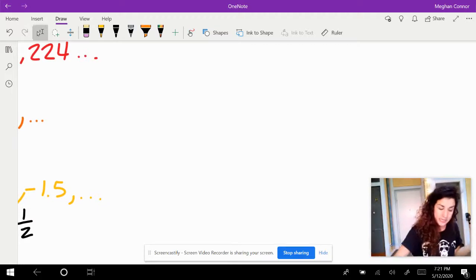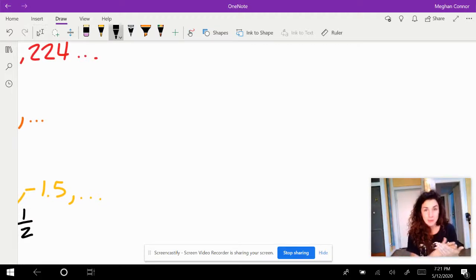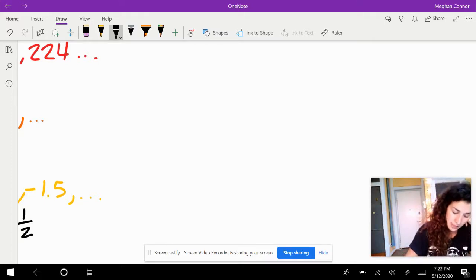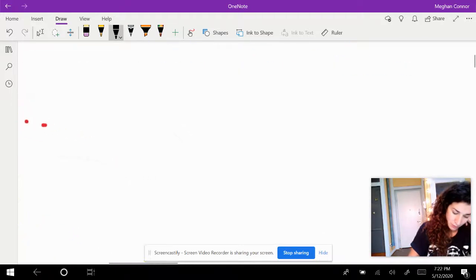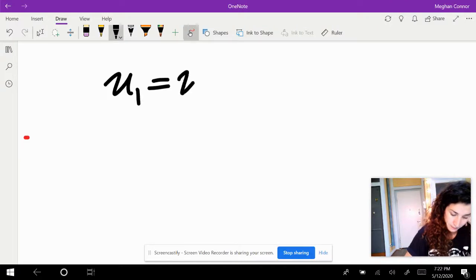Okay, so we need to have a formula. This formula is in your formula packet. It's just below your arithmetic sequences, labeled geometric sequences. How we find it is very similar to how we found our previous formula. Remember that we started with u sub 1, our first term.